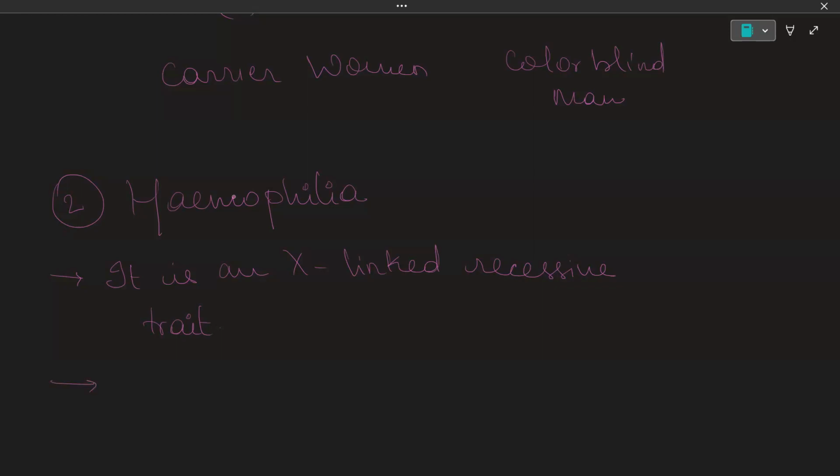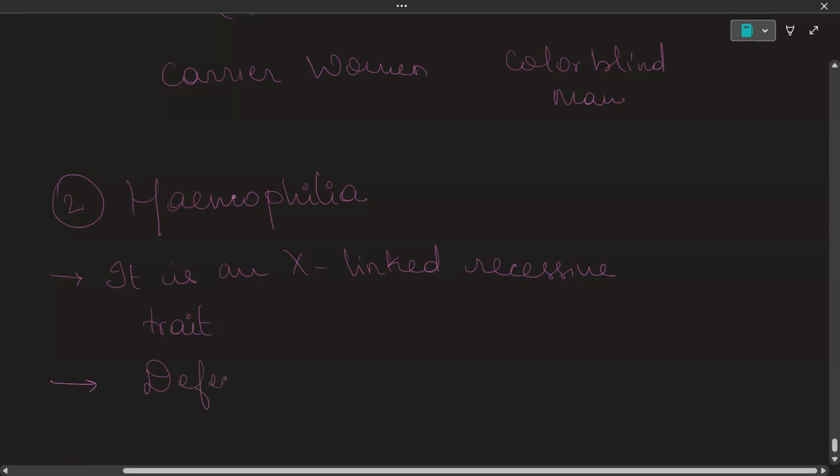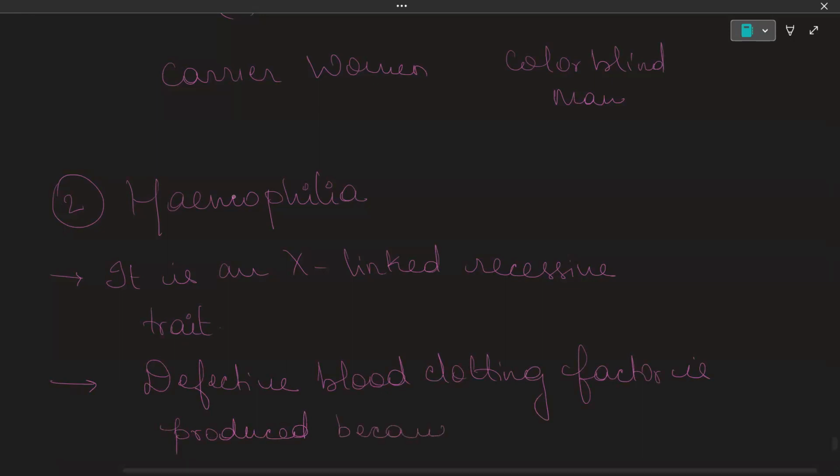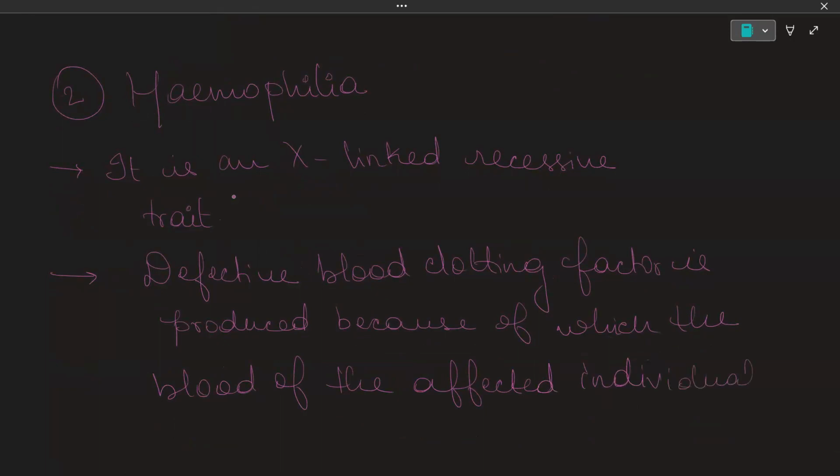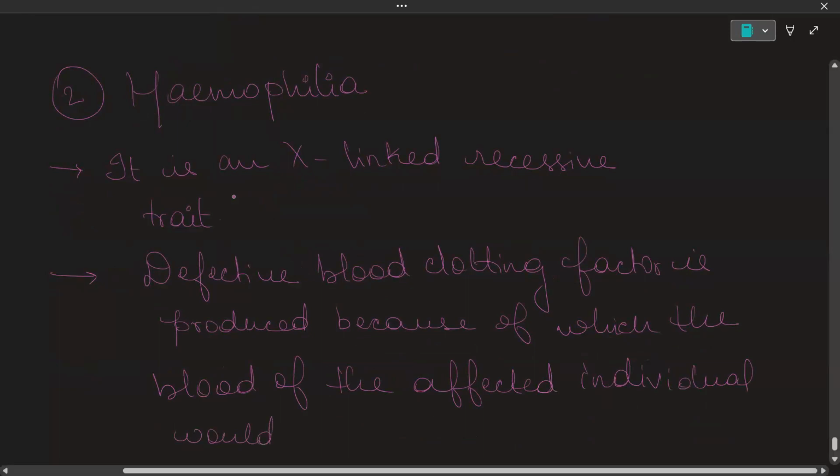So, talking about this disease, what happens is that a defective blood clotting factor is produced, because of which the blood of the affected individual would fail to coagulate.